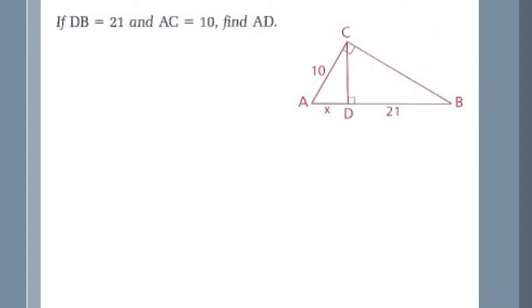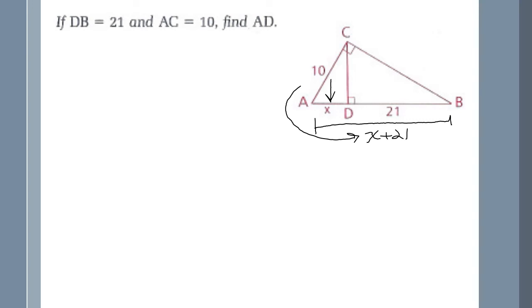Okay, so if DB equals 21 and AC equals 10, find AD. Well, the first thing we need to keep in mind is the geometric mean here between this segment and the hypotenuse, but we don't have the hypotenuse length. So we know it's x plus 21, because that's what they gave us in the picture.